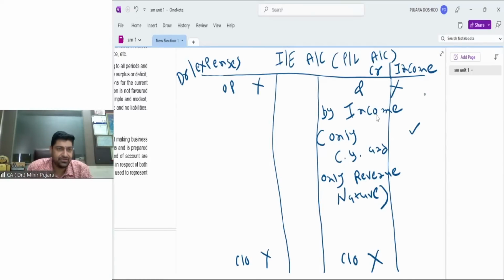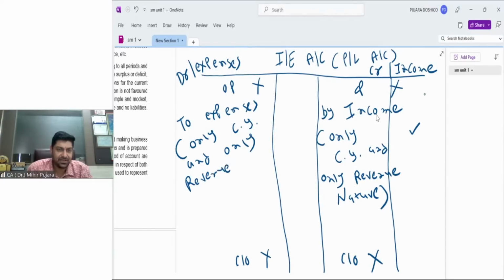Here also, the expenses, same story. Only current year and only revenue in nature.